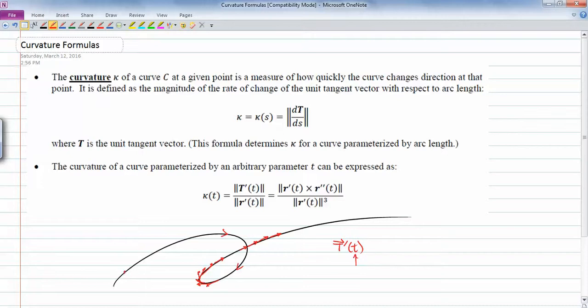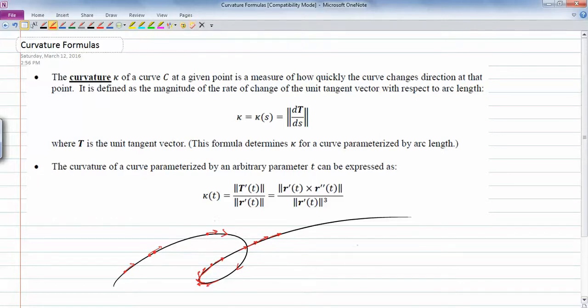So maybe at one time you're here, the next time you're there, like 1 second later you're there, 1 second later you're here, 1 second later you're there. So that means that your unit tangent might change significantly in a short period of time, but it's not really being measured according to a steady pace around the curve. That's what you want to measure, is moving steadily around the curve.